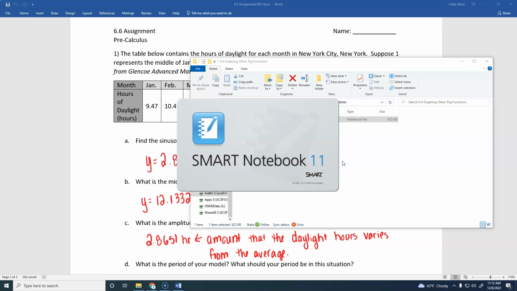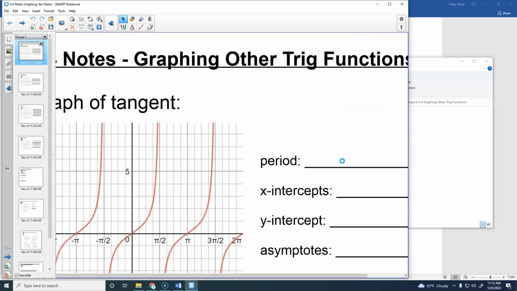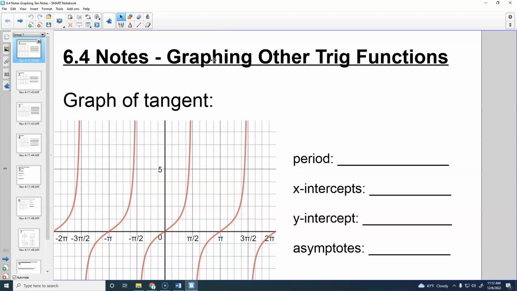We're not going to do a great deal with these because their graphs are generally not nearly as useful as sine and cosine. Sine and cosine are very useful for lots of different applications. Tangent, cotangent, secant, and cosecant are not nearly as useful. You're not going to find places where you use them much in the real world.